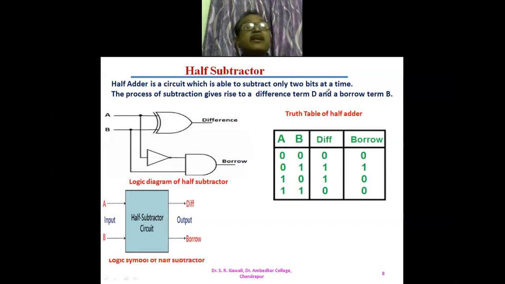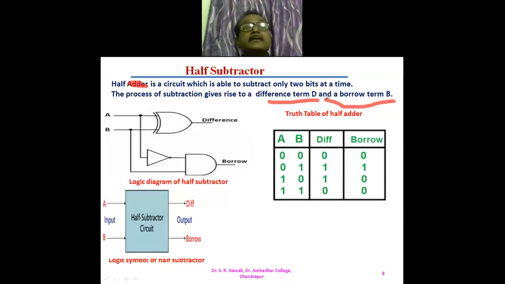It is the subtractor, not an adder. The half subtractor is a circuit which is able to subtract only the 2 bits at a time, and the process of subtraction gives rise to the difference term and the borrow term. Two outputs are there. One is the difference, another is the borrow.